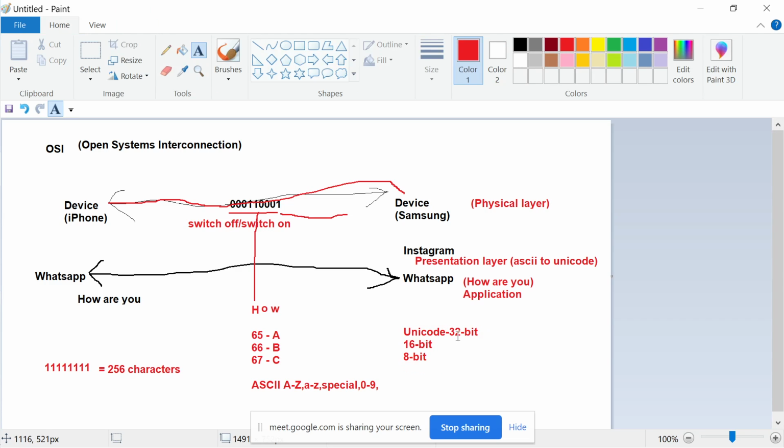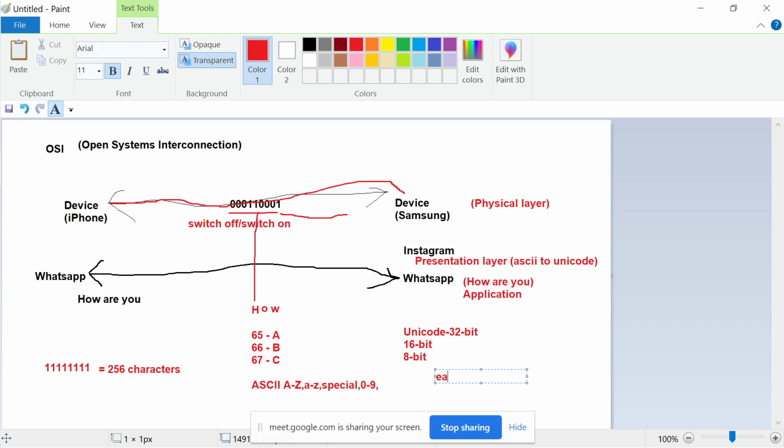But a greater character set also means each character will take more bits. Is this understood? If it is 32-bit, then each character will also take 32 bits, which means it is bigger.